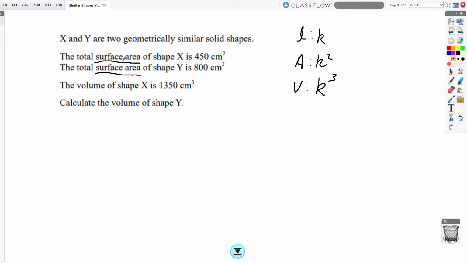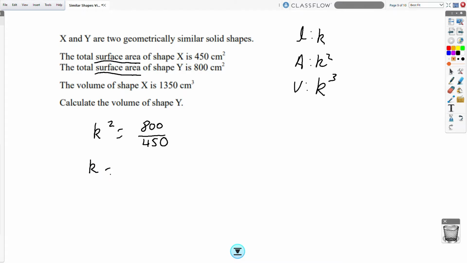It says the surface area of shape X is 450 and then for shape Y is 800. So to work out the scale factor, you've got to be careful. Since we're given area, instead of working out k, this time we're given k squared. So k squared is 800 divided by 450. And then we want to work out what k is.